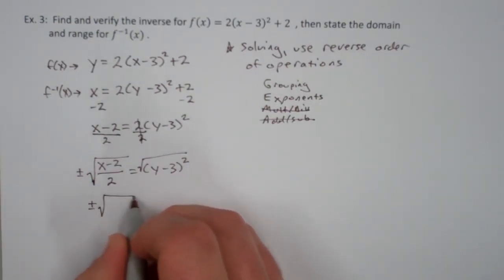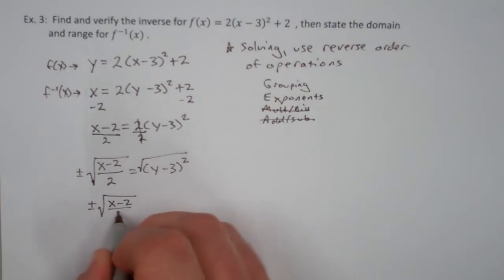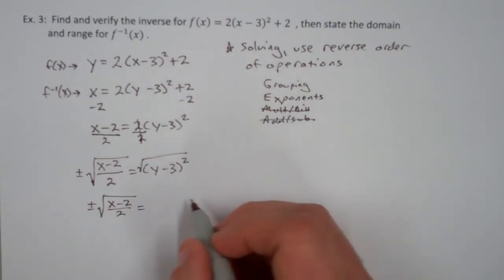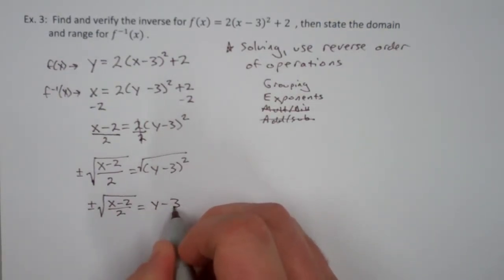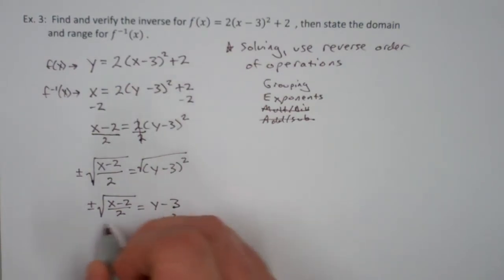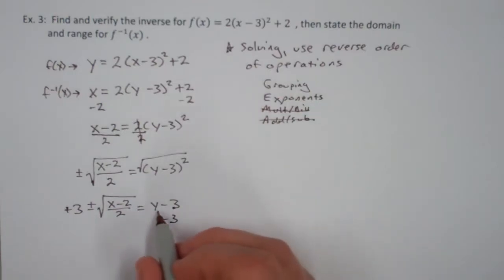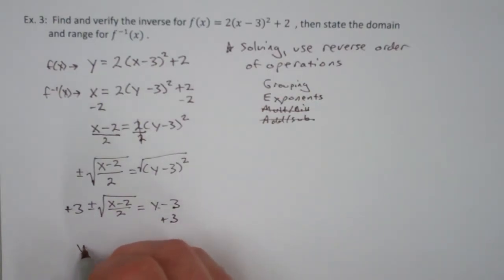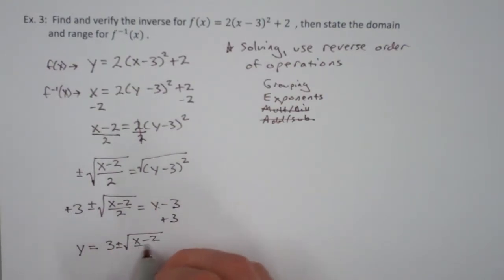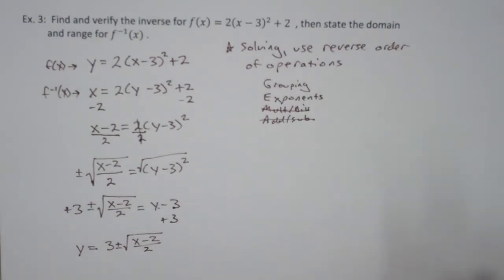So we have plus or minus the square root of x minus 2 over 2 is going to be equal to y minus 3. Then we'll add 3 to each side. I like to put the plus 3 over here on the left hand side. So we're going to have y is equal to 3 plus or minus the square root of x minus 2 all over 2, and that's all under the square root sign.